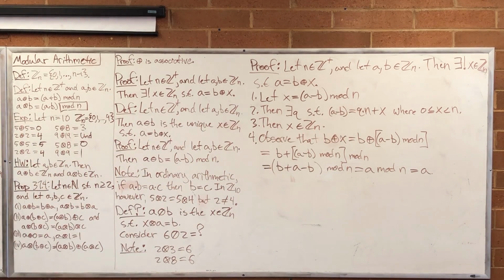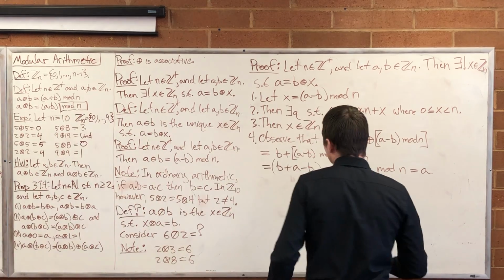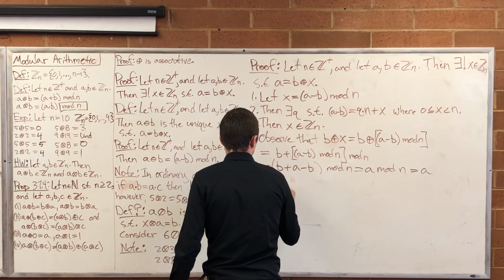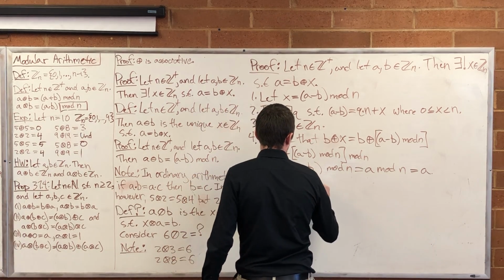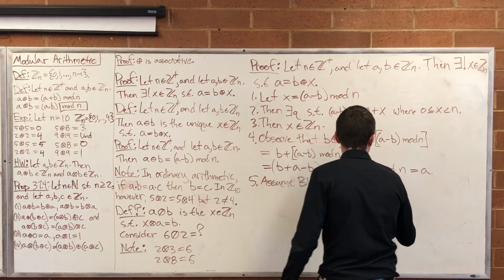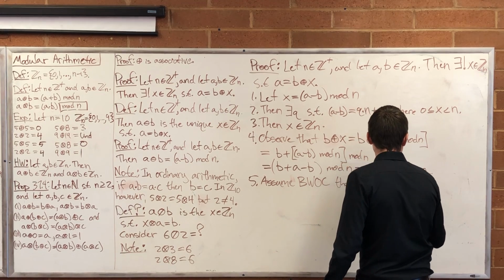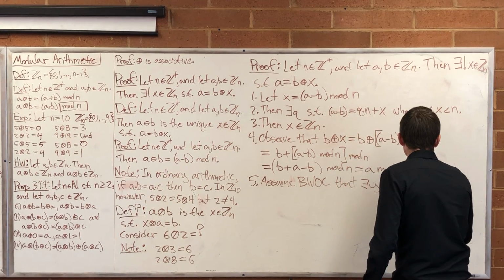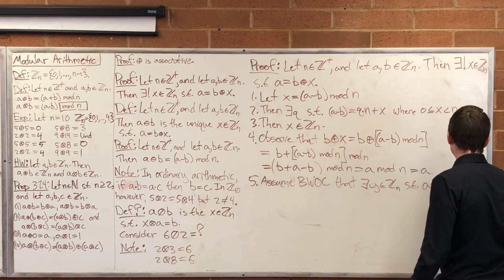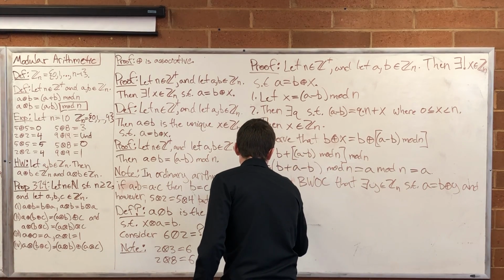Okay. So now we show that x does satisfy that equation. It remains for us to show that if something else satisfies that equation, it's also x. So 5, assume by way of contradiction that there exists y in Zn such that A is equal to B plus y and y is not equal to x.